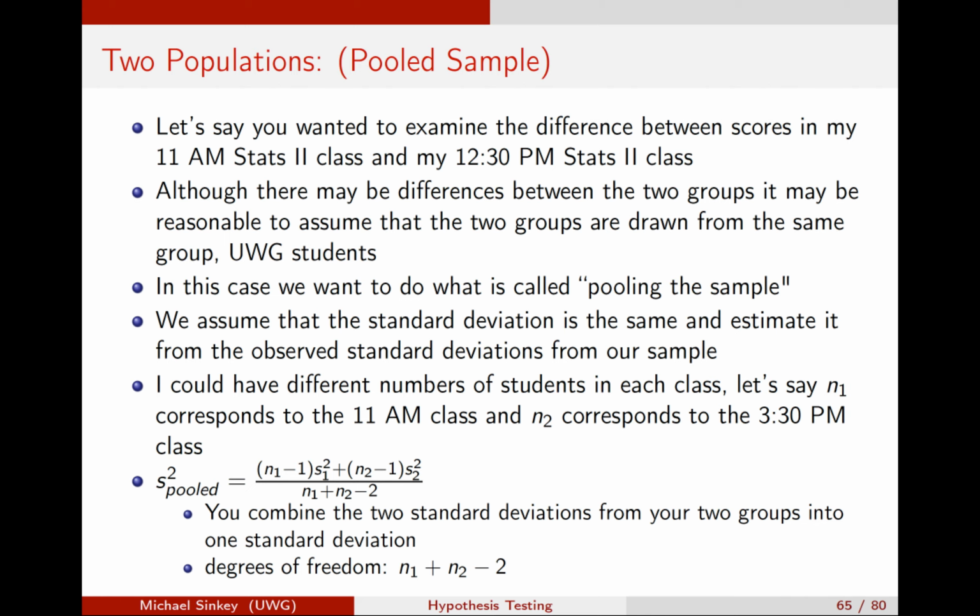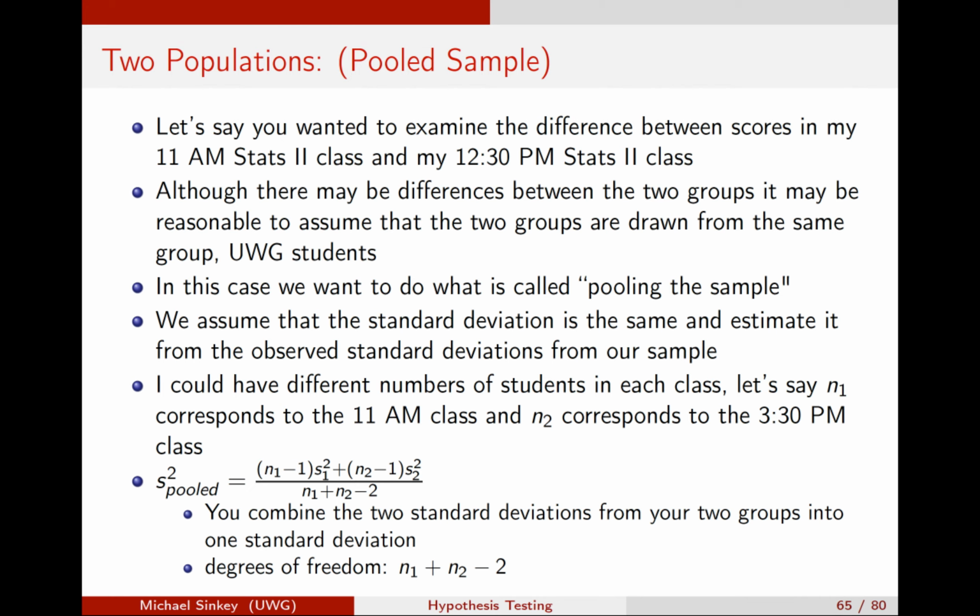On the slides I have 11 and 12:30. Let's say you even extended it to 11 and 3:30. Whenever I teach at 3:30, attendance is sparse, even if I have the same number of people enrolled. So I may have a small sample for the 3:30, but when I teach at 11 o'clock, people show up. And so I may have differences in sample sizes.